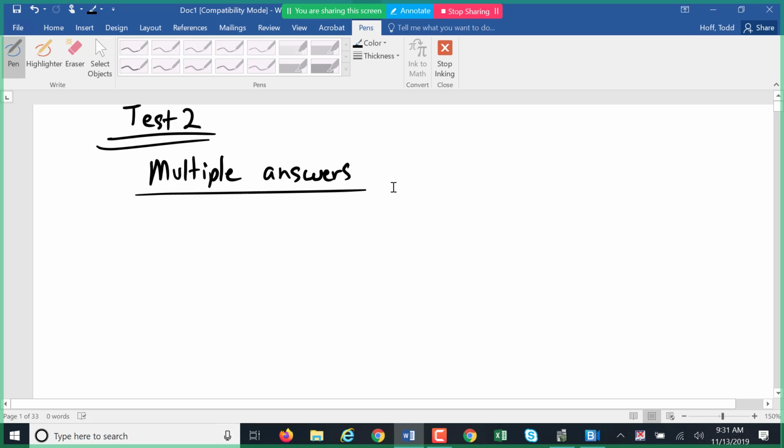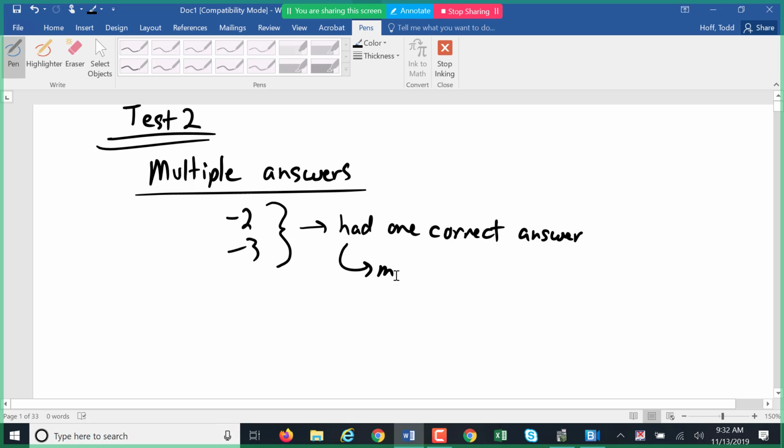If you have a question where you lost points, but it was less than 5 points, chances are if you had a -2 or a -3 on a question, that was because you had one correct answer, but there are more answers. So when you're doing the corrections on that, make sure you look for those other multiple answers.